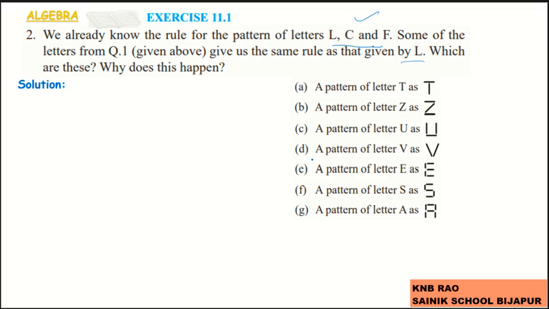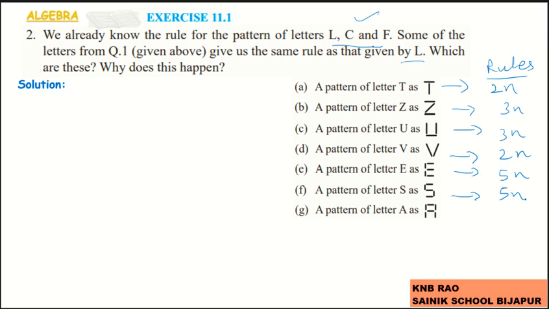Now first, in our previous session, in our previous question, we got rules. I am writing the rules: 2n, 3n for U, 3n for V, 2n for E, 5n for S, 5n for A, 6n.